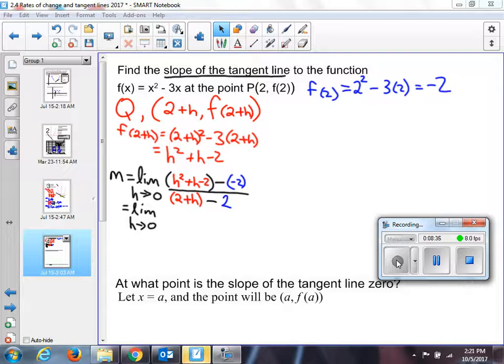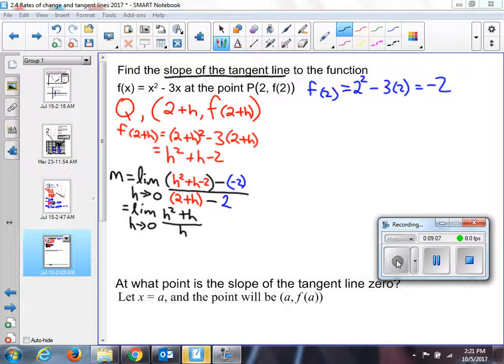When I work this out, I just got h squared plus h. The negative 2's cancel out, and the 2's cancel out on the bottom, so I've just got over h. Essentially, with one of these problems, if you get an expression where you don't see the h coming out of the denominator in the next step, you probably did something wrong.